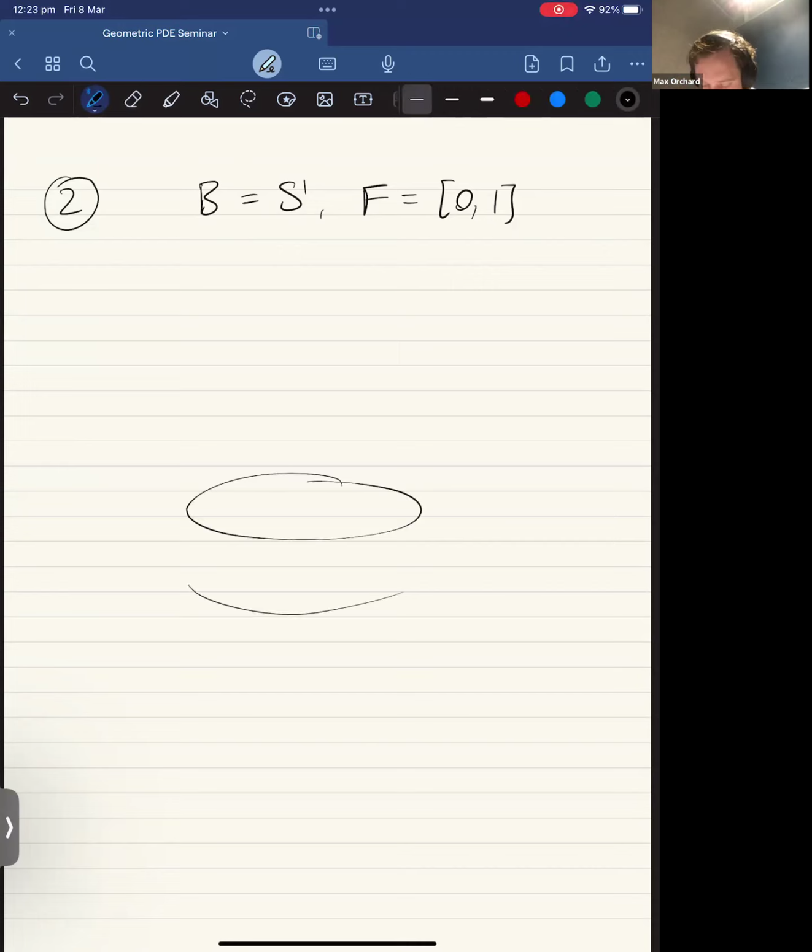We would get something that looks like this. So our base space would be this circle here. And this is what the trivial bundle between S1 and the unit interval would look like.